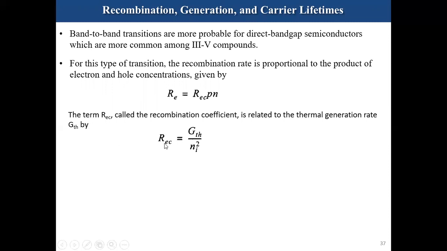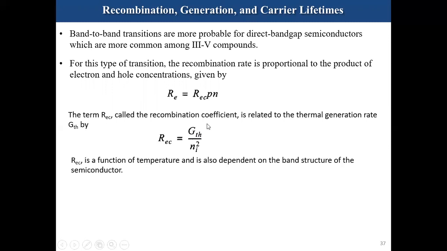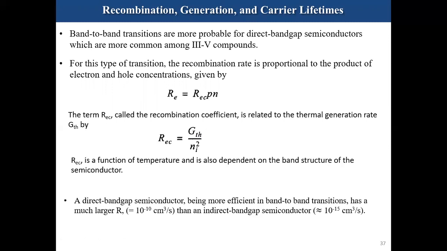So this is the recombination coefficient and this is the thermal generation rate. The recombination coefficient is a function of temperature and also dependent on the band structure of the semiconductor. A direct band gap semiconductor, being the most efficient for band-to-band transition, has a much larger recombination coefficient than an indirect band gap semiconductor.